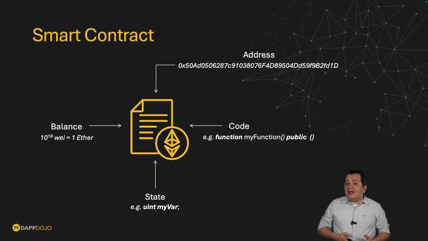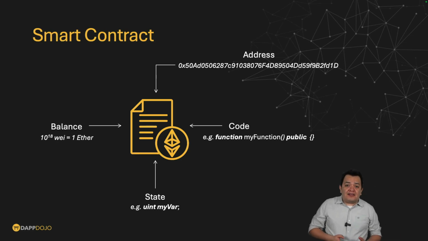The code defines the rules and operations that govern how the smart contract operates, including how it handles incoming transactions, processes data, and interacts with external systems or other contracts. Once deployed on the blockchain, the code of a smart contract becomes immutable, meaning it cannot be modified or updated, ensuring the integrity and reliability of its execution.